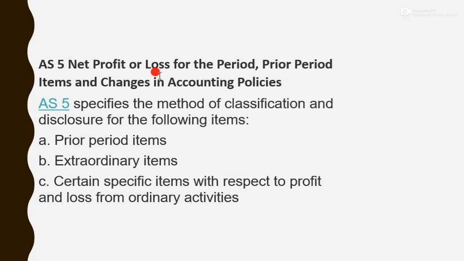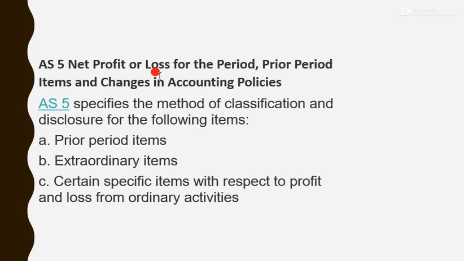What is net profit or loss? Profit and loss is a statement prescribed in the financial statement that summarizes revenue, cost and expenses incurred during a specified period, usually in a financial year.